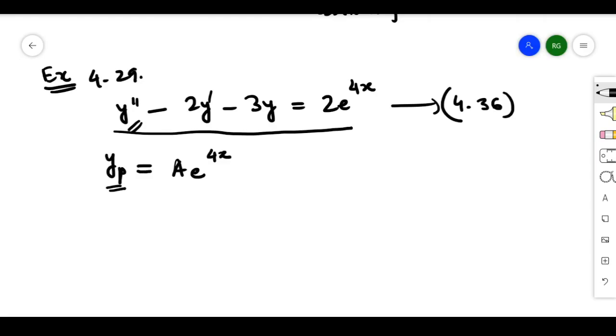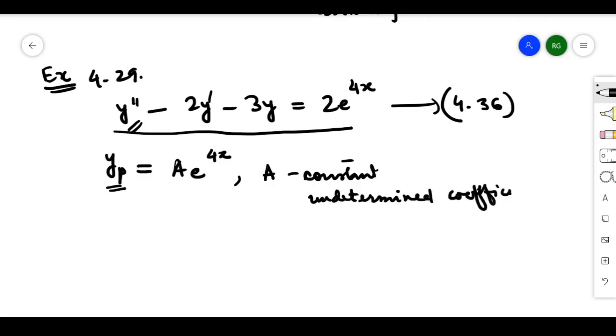That's why we take this yp as a e^(4x). And what is a? Here a is a constant and it is known as the undetermined coefficient.